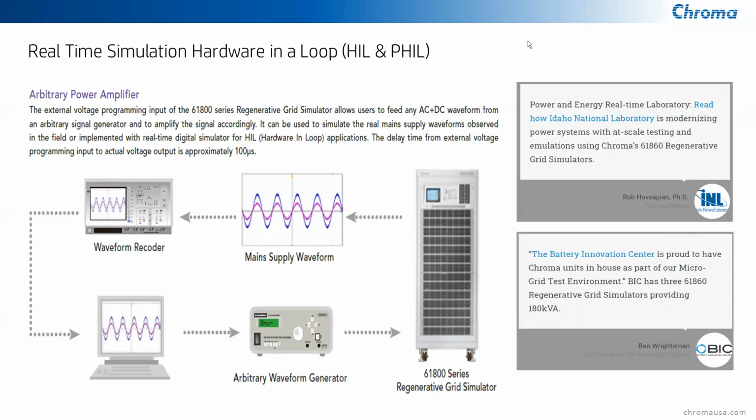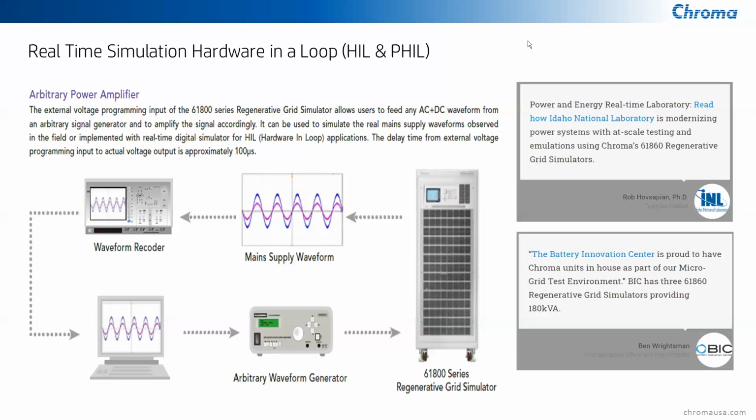We do that by using the analog input, or external voltage programming, that goes into each of the three-phase inputs on the back of the unit, and these control the unit proportionally. It's a plus and minus 10 volt signal, and it controls the output like a big power amplifier, so 0 to 10 volts is 0 to full scale on the output.